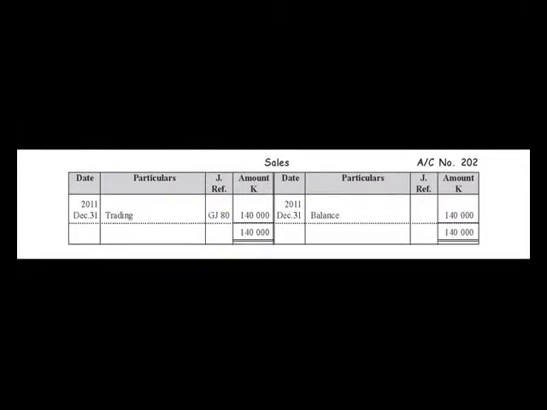Sales account, total 140,000, it is given here in this question, right? So that is the balance at the end of the year. Then how do you transfer? Trading account credit and sales account debit. This is the journal entry we have given earlier. Then no closing balance.